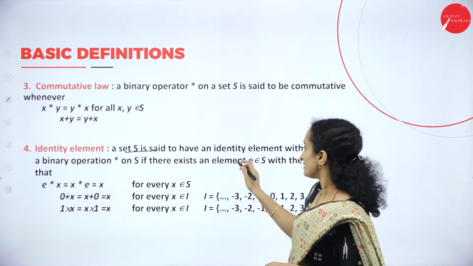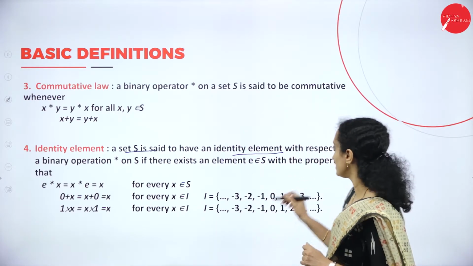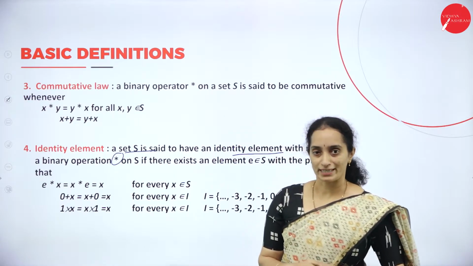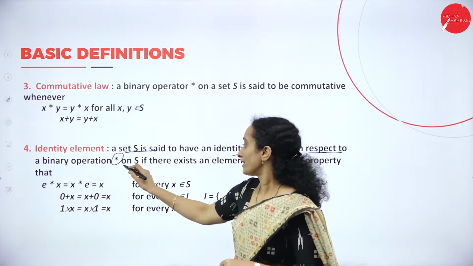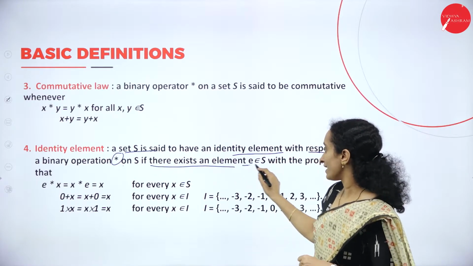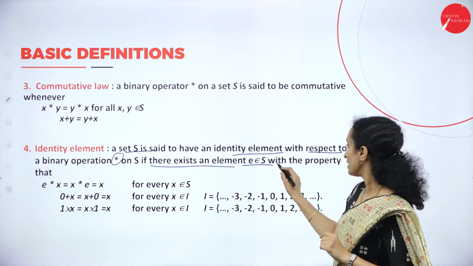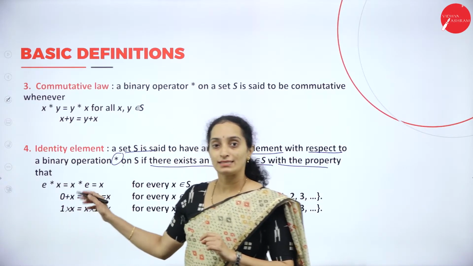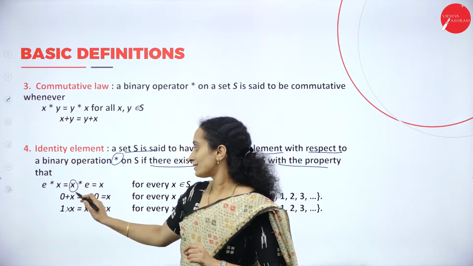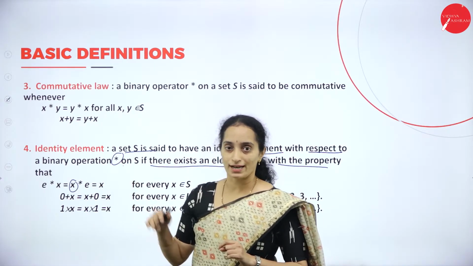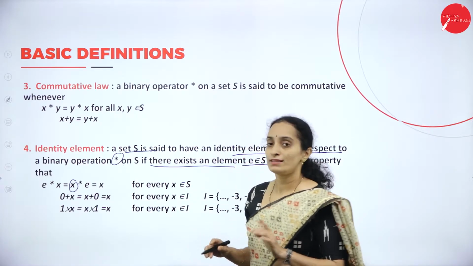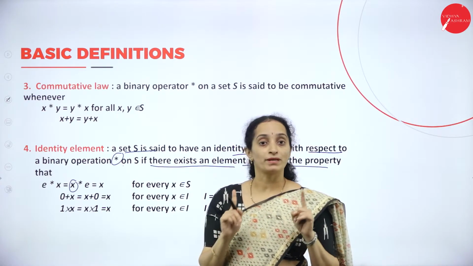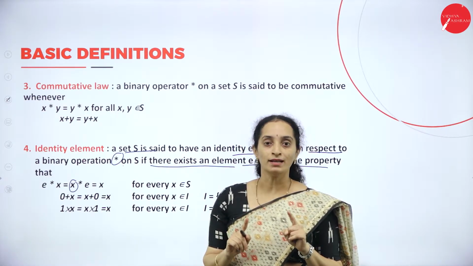A set S is said to have an identity element with respect to a binary operation multiplication on S if there exists an element E which belongs to S with the property that E into X generates X and X into E also generates X. So what it says is there will be an identity element which can be applied on the binary operator, multiplication operator.